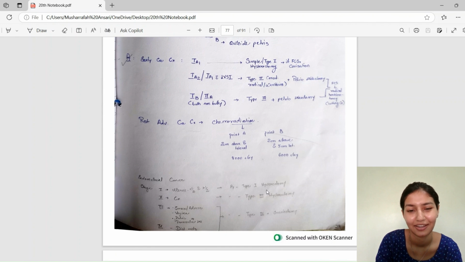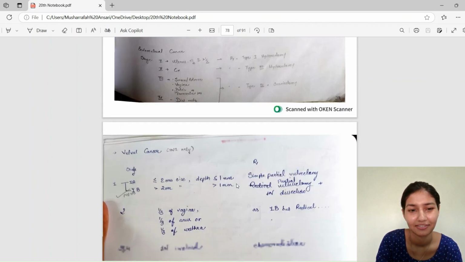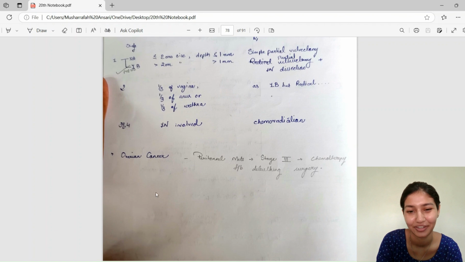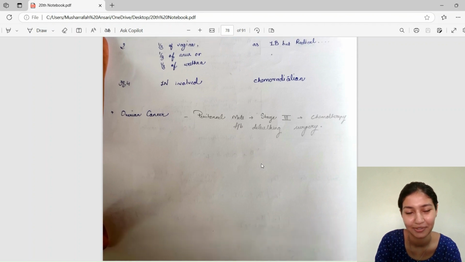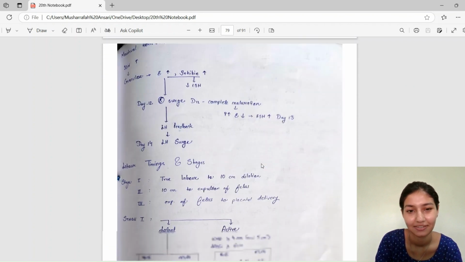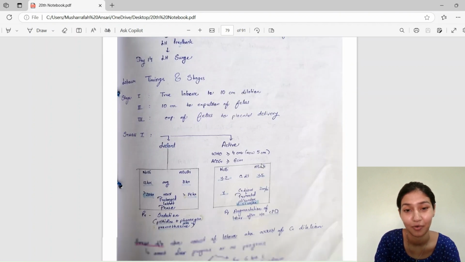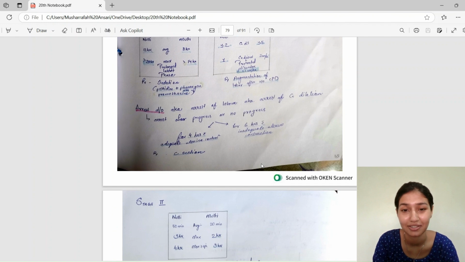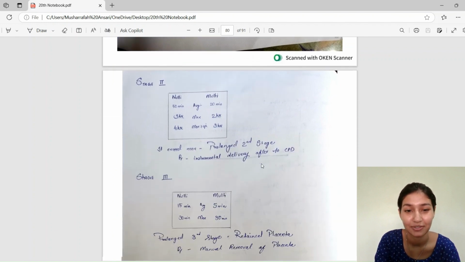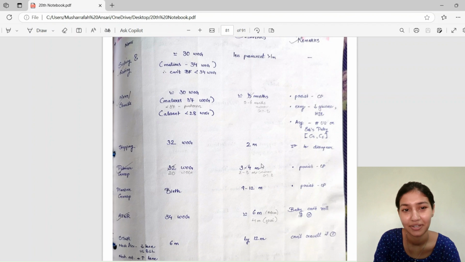Then I also put in uterine, vulval, and ovarian cancer. Ovarian, I just felt like I only need to remember this much. The menstrual hormones and the timings and stages, what disease would occur if the time limit is crossed, and what should be the management. So stage wise, pretty concise.